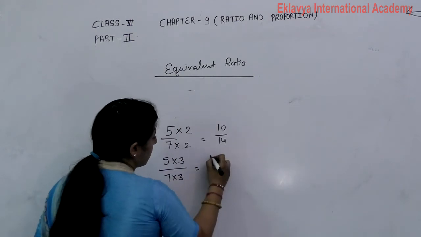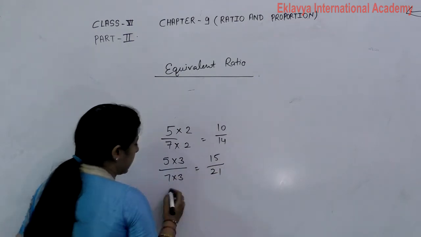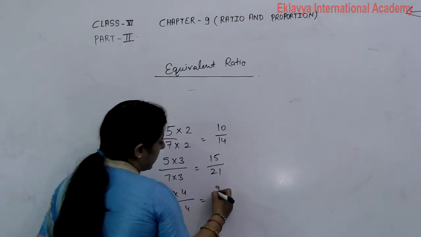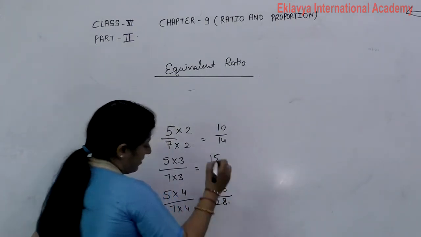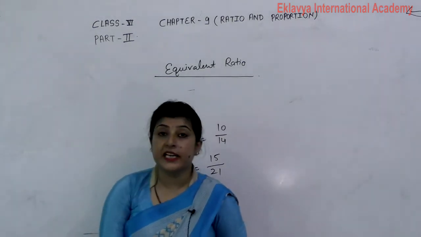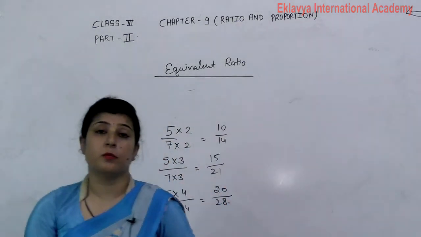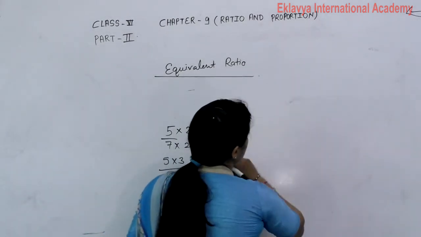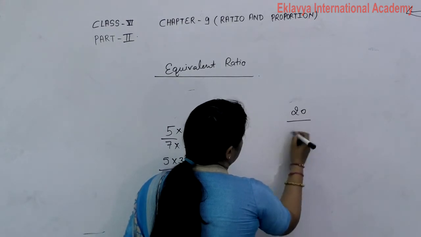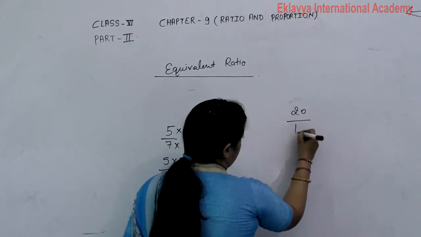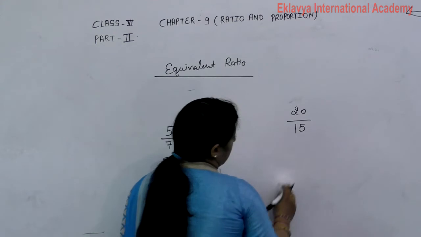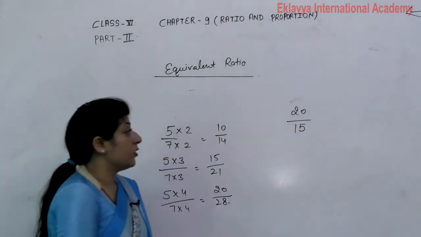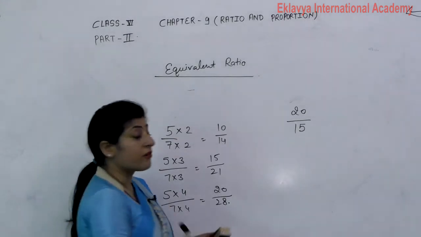But whenever you multiply, the same number should be multiplied to numerator and denominator both. Sometimes 20/15 is given to you and you want to find the equivalent ratio.